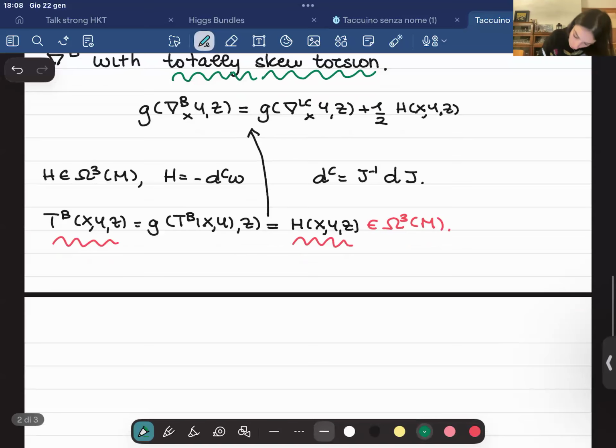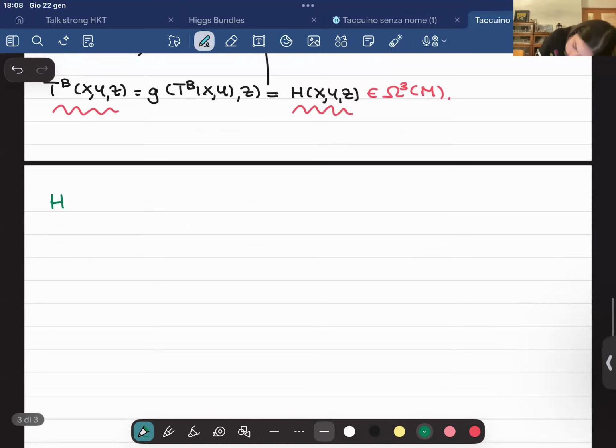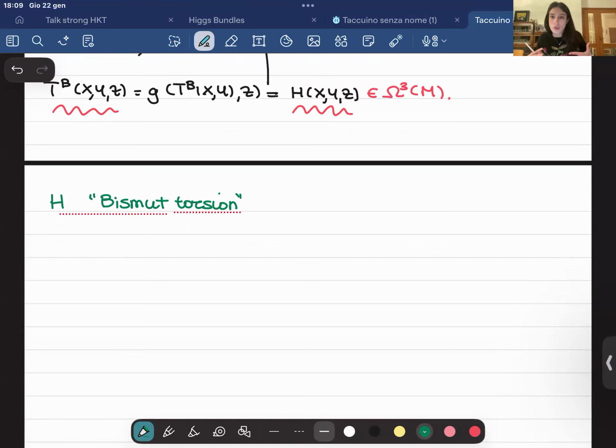And of course, I will call H the Bismut torsion, since H encodes all the torsion information.